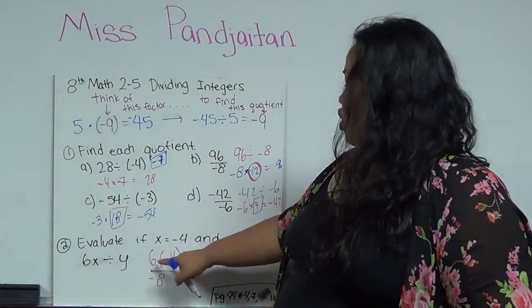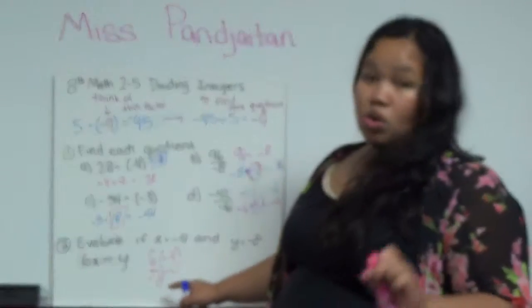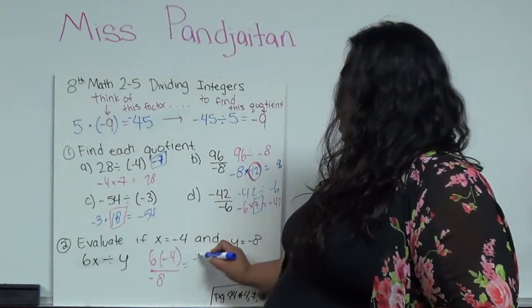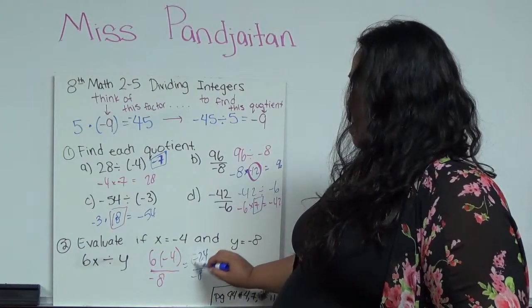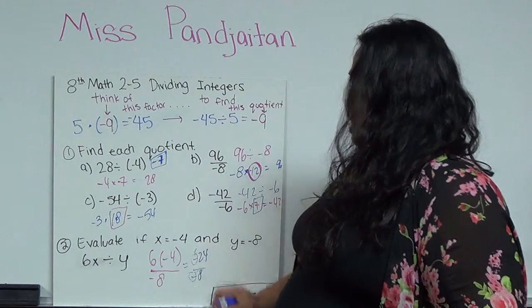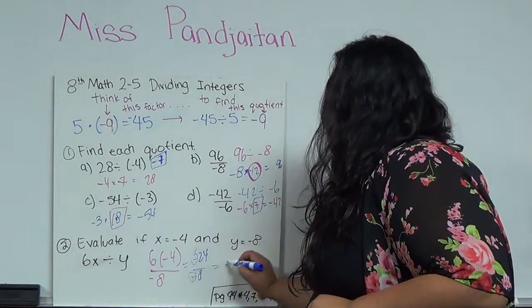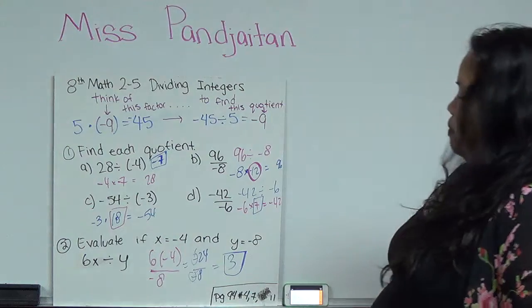So I'm going to first do multiplication, okay? 6 times, because of the order of operations. So 6 times negative 4 is negative 24 divided by negative 8. Well, this negative and this negative, they cancel out, giving me a positive. So 24 divided by 8 is positive 3, because the negatives cancel out.